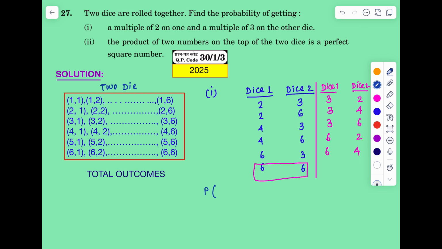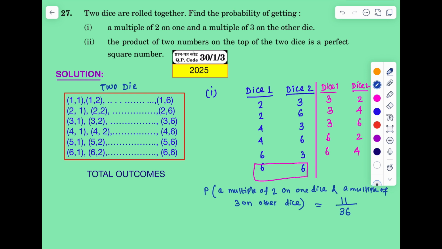So the probability of the first case, a multiple of 2 on one die and a multiple of 3 on the other die, will be equal to the number of favorable outcomes divided by the total number of outcomes.